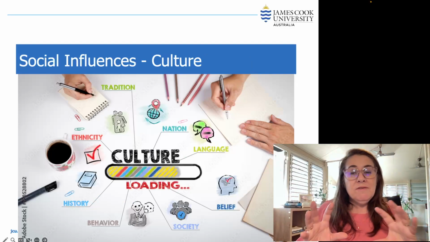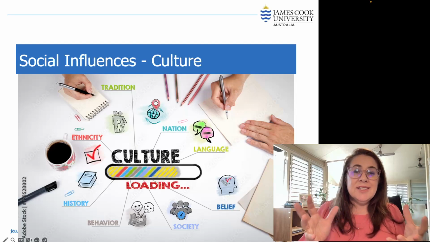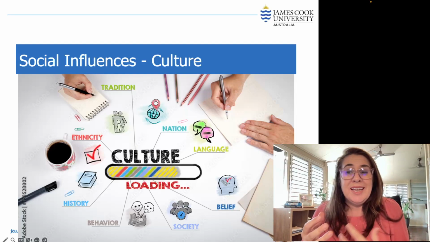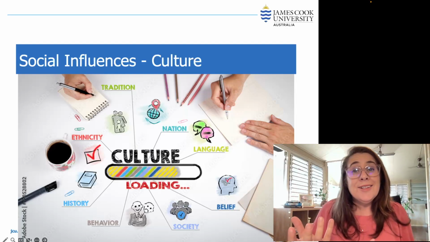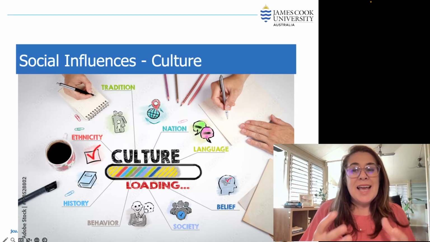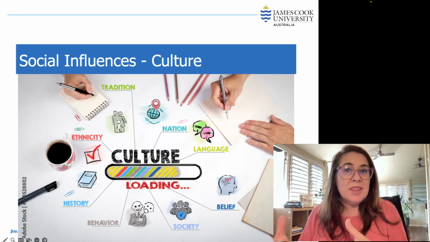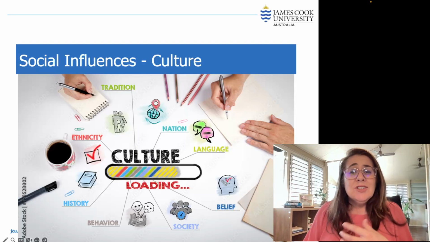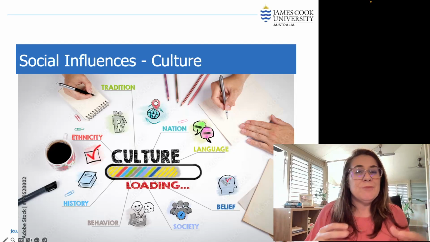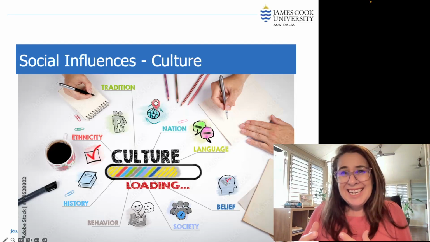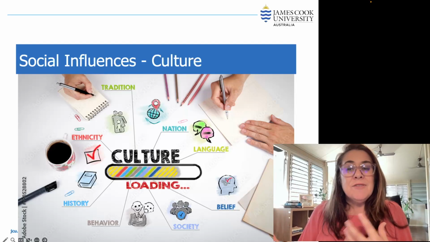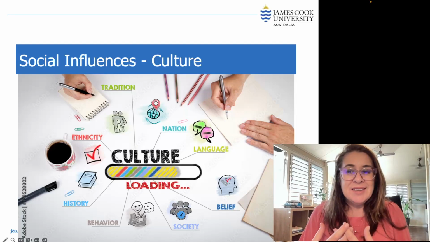When we're looking at social influences, we also need to take into consideration culture. And culture is the personality of a society, as shown in our cultural values, our knowledge, our beliefs, our customs, our objects, and concepts that as a society we use to cope with the environment. So culture includes those tangible items such as food, clothing, furniture, buildings, and tools, and the intangible concepts such as language, education, welfare, laws, the values and range of behaviours accepted by society.